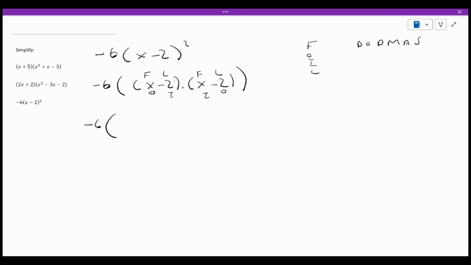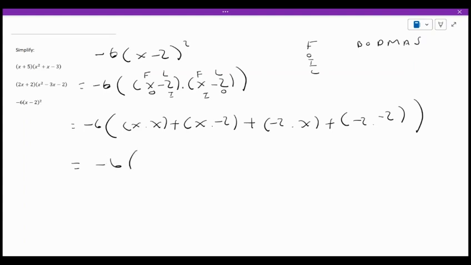So it's x times x, the firsts, plus x times negative 2, plus negative 2 times x, plus negative 2 times negative 2, close our bracket.